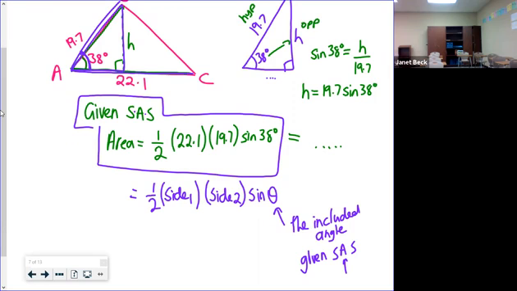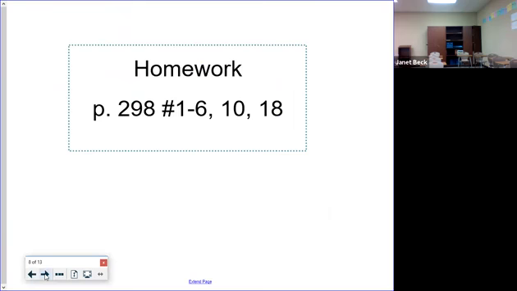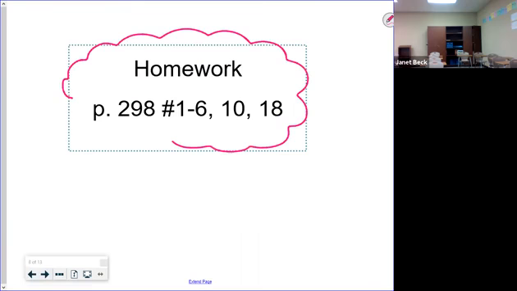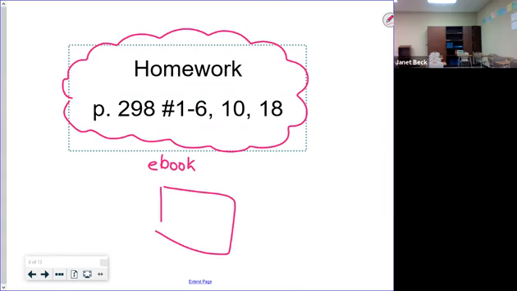I'll give you some more of these to practice in your homework, probably tomorrow or Wednesday, but I don't have any in tonight's homework. Your homework for today is simply from the online textbook. So you can go to the online textbook through modules or just on the homepage of Canvas, find where it links you to the ebook and type in at the bottom of the page. So right down at the bottom, you'll have a little box, type in there, page 298.